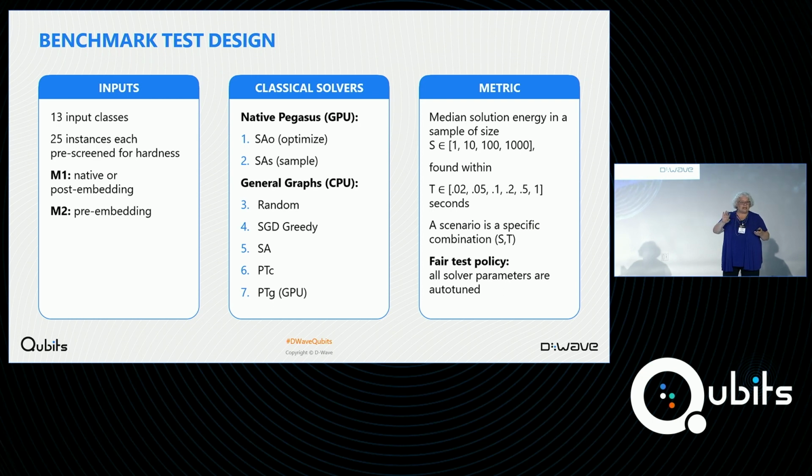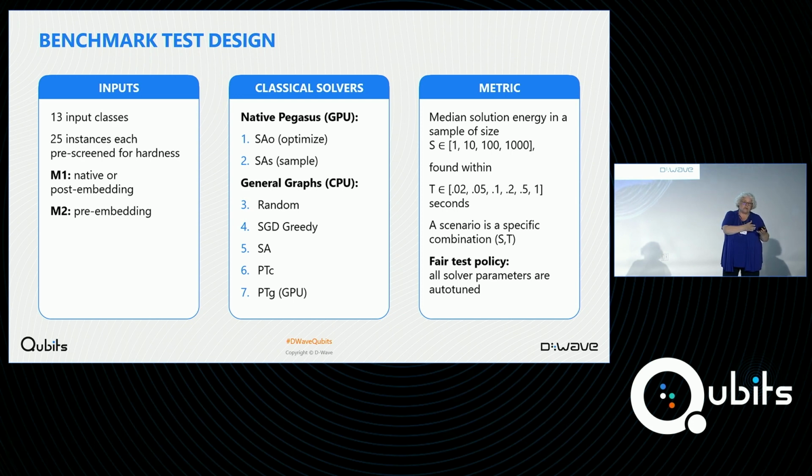But before we did anything, we checked that the problem was hard enough that it took more than 20 milliseconds to solve it classically. Because if it takes less than 20 milliseconds, classical is too easy. Classical solves it before the programming time is over. It's a 20 millisecond lower bound, so there's kind of no point.